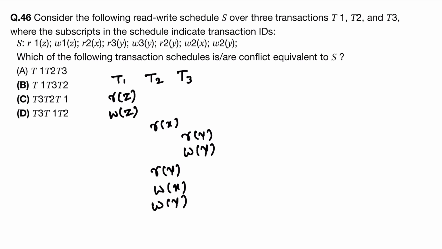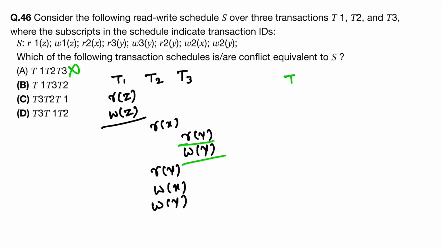So see, WZ can come anywhere, that is T1, and for T3 this is Y only. So T3 will always come before T2. So option A is wrong. T3 has to always come before T2. So this is satisfying.